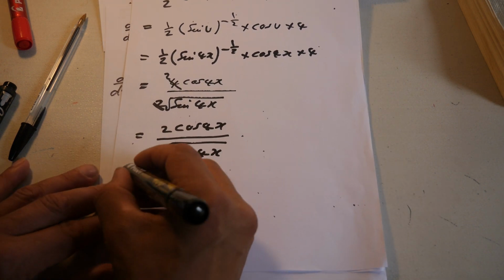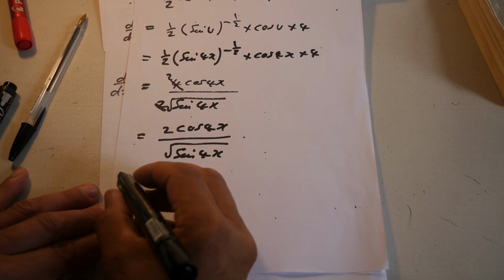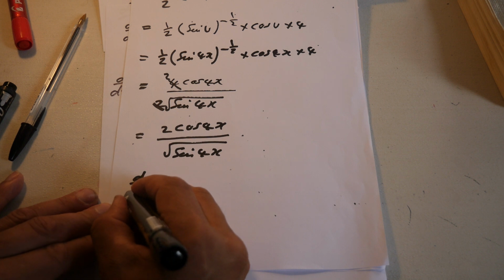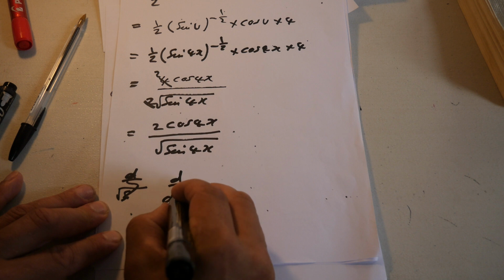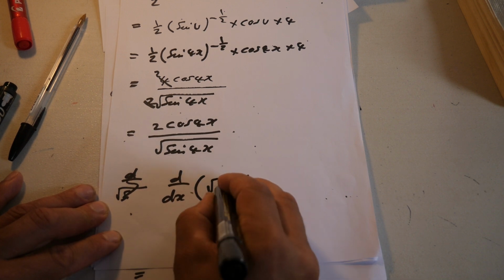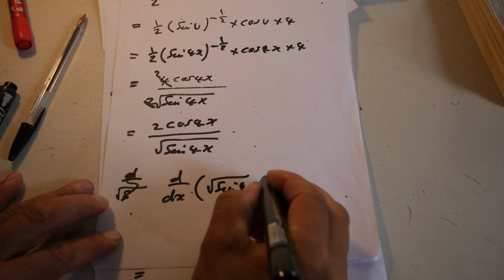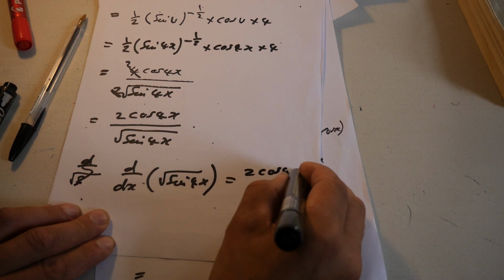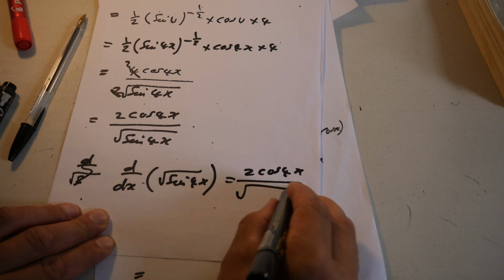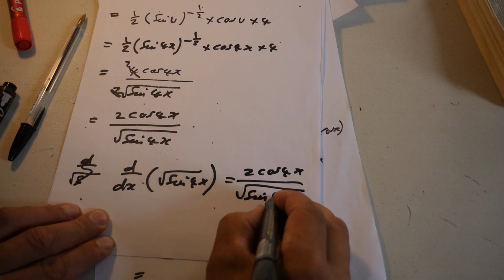So the derivative of the square root of sine 4x equals 2 cos 4x over the square root of sine 4x, okay?